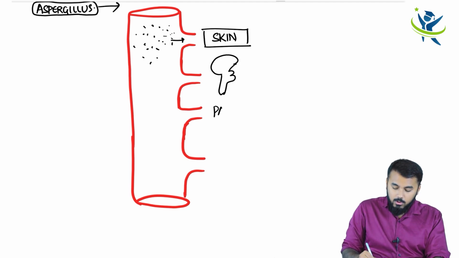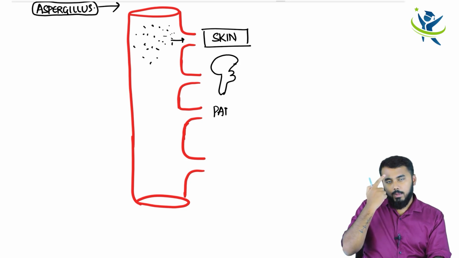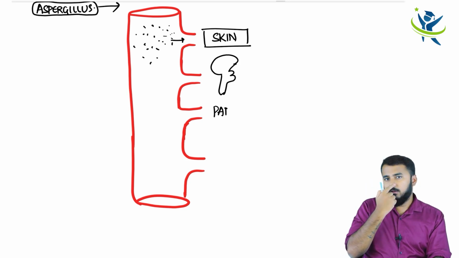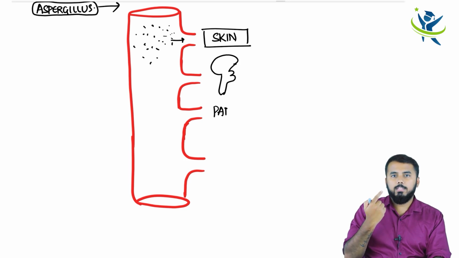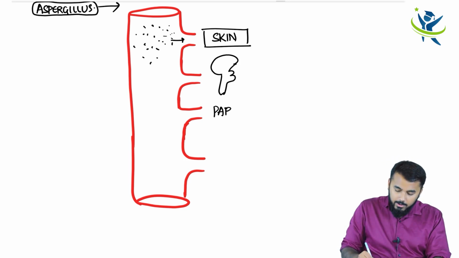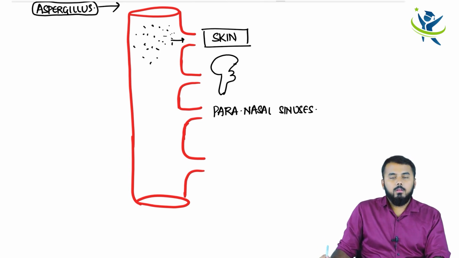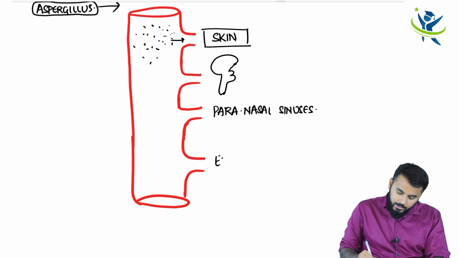I hope all of you know what paranasal sinuses are: the sinuses surrounding the nose, like frontal sinus, maxillary sinus and ethmoid sinus. Apart from this, it will also affect your endocardium.